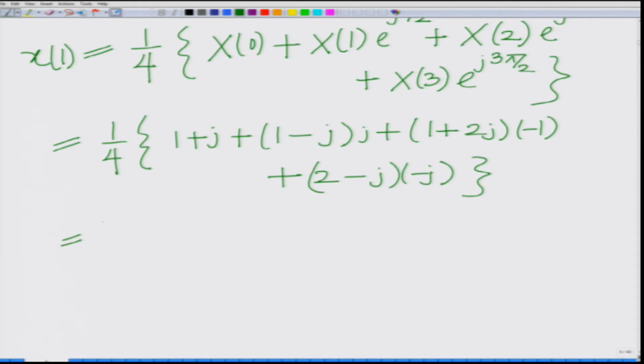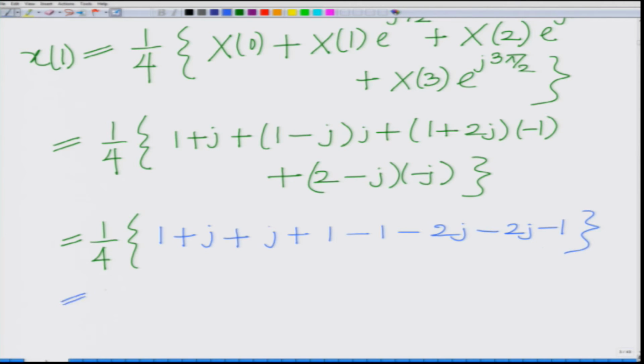This is equal to your 1 over 4 times 1 plus j plus j plus 1 minus 1 minus 2j minus 2j minus 1, and this is equal to basically, let us write this down, this is x of 1, which is equal to 1 over 4.